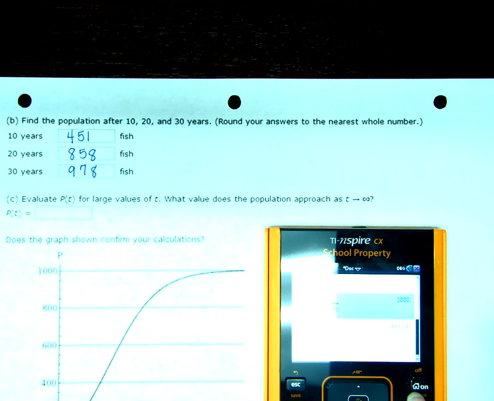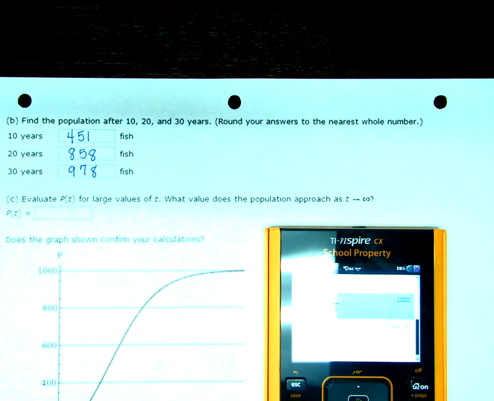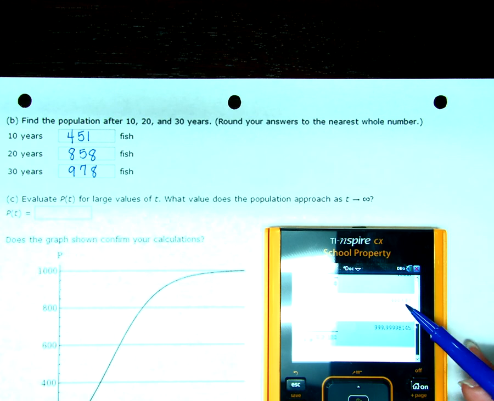Oh, you know what I can do? Let me real quick change my document settings. I know you don't have to do this because yours doesn't automatically round for you. Mine does. So I'm going to change it to flip 12 and see what happens there. Go back up to when I plugged in 100. Okay, so it's not exactly 1,000, it had actually rounded. Okay, 50 is 999.592. 100 is 999.99998145.